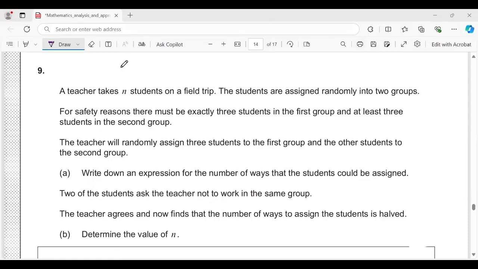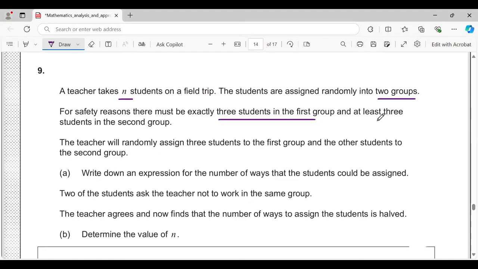Number 9. A teacher takes n students on a field trip. The students are assigned randomly into 2 groups. For safety reasons, there must be exactly 3 students in the first group and at least 3 students in the second group. The teacher will randomly assign 3 students to the first group and the other students to the second group.